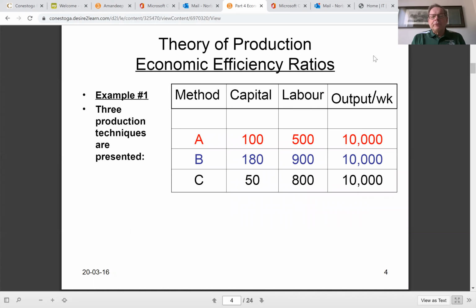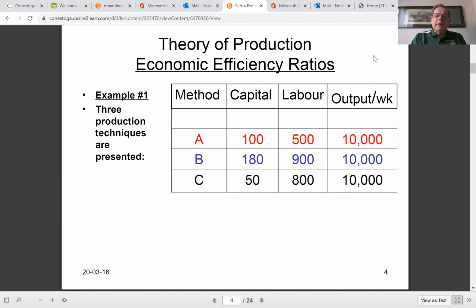So you're given three production techniques here, method A, B, and C, and you have their inputs of capital and labor and the output. The interesting thing in this little scenario is that the output for these three different methods of production is the same. When they're not the same, the method changes a little bit, and that'll be the second part of this video.